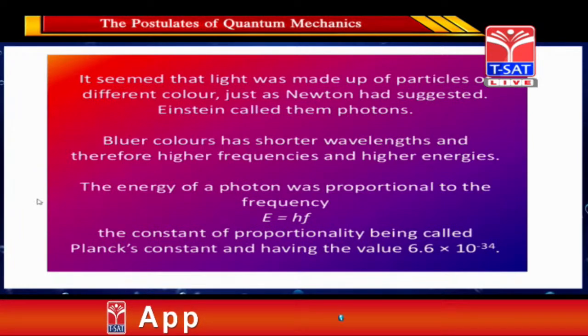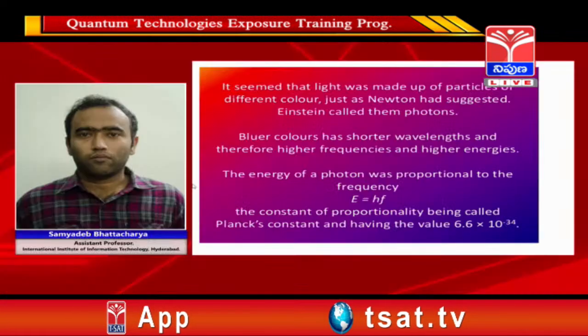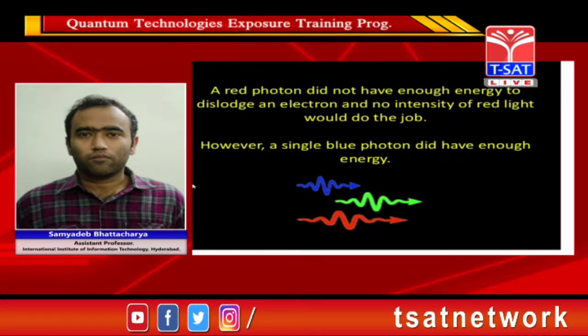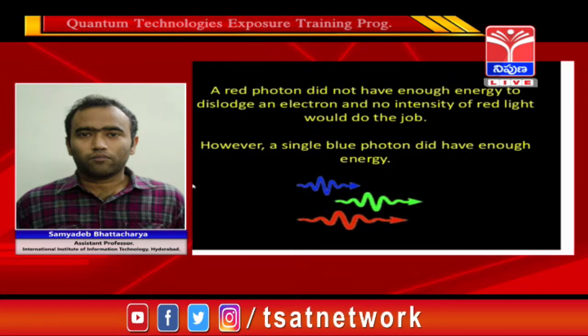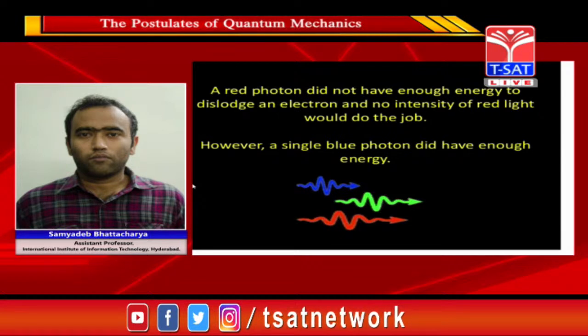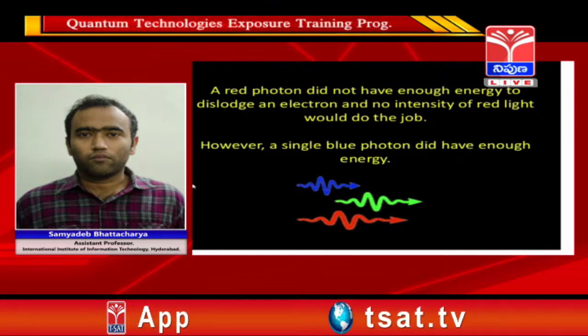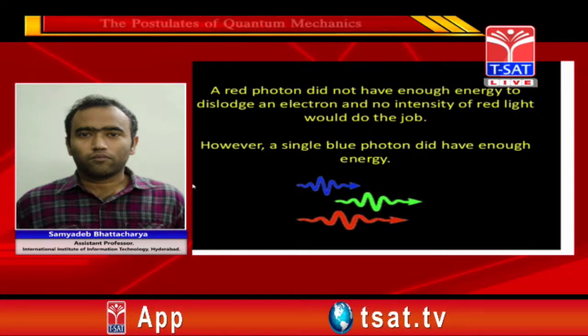This E equals hf is Planck's law. This h is called Planck's constant. So using this theory, Einstein successfully explained the photoelectric effect, which was at the time a very big discovery.